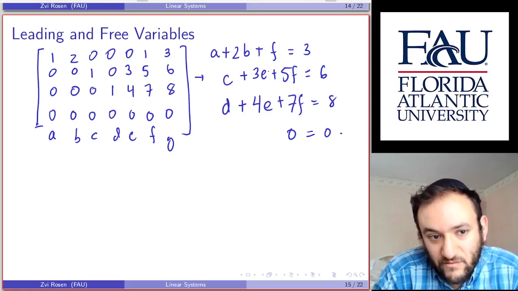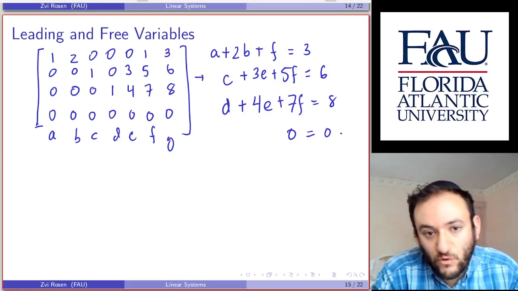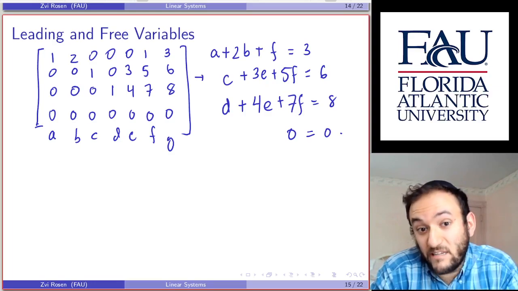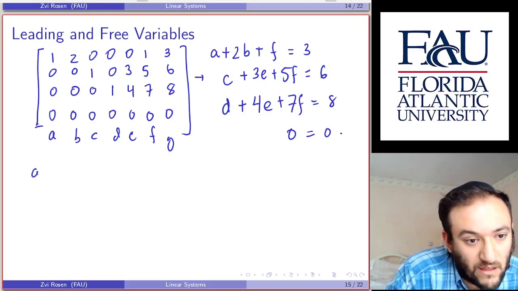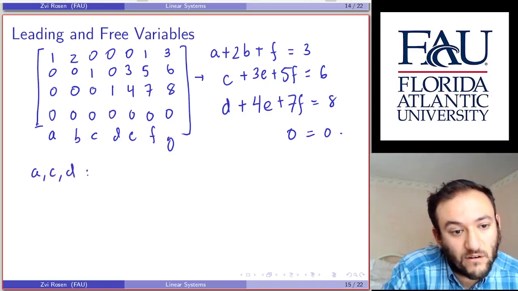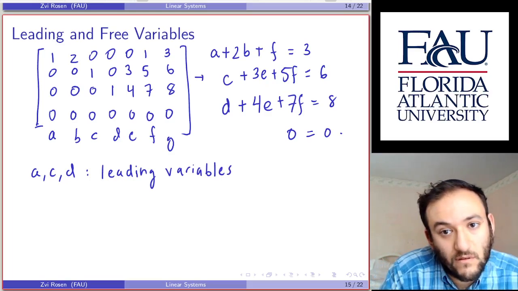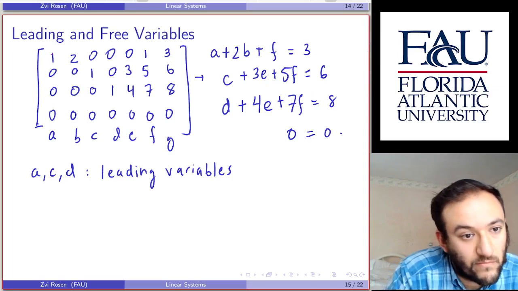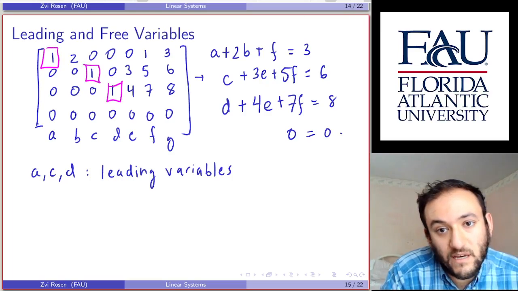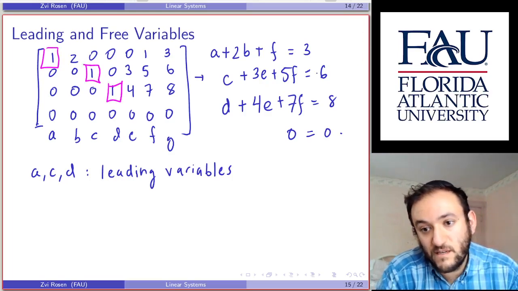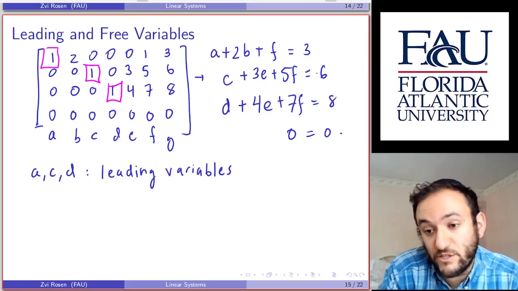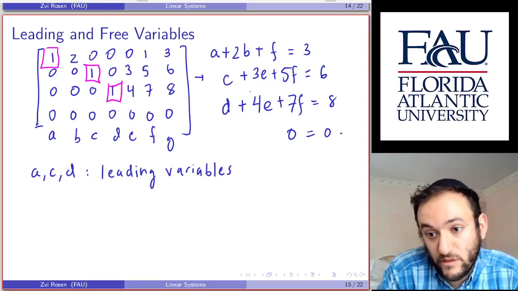And in this system of equations, there are different roles for A, C, and D, and B, E, and F. A, C, and D are called leading variables because they correspond to the leading ones in these rows. Because they correspond to the leading ones, they're called leading variables. And they'll appear exactly once in each of these equations with coefficient 1.